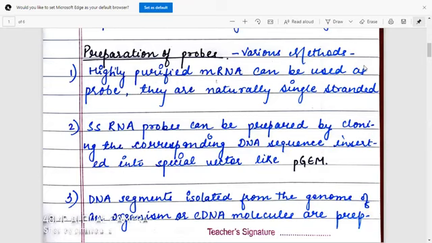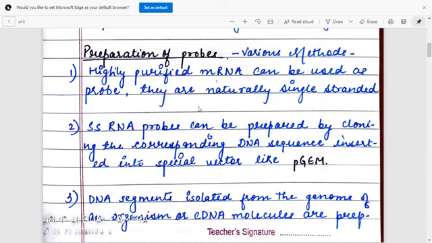One of them is that highly purified mRNA can be used as a probe. They are naturally single stranded.